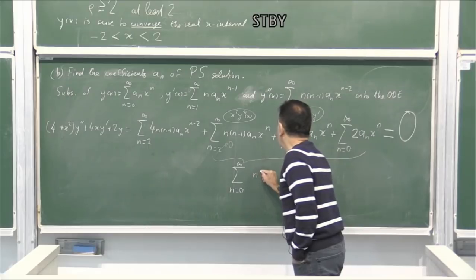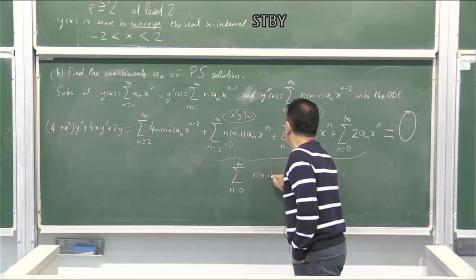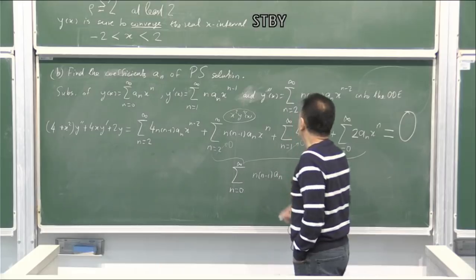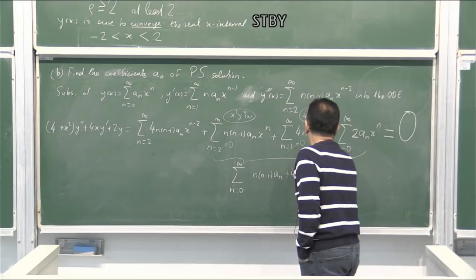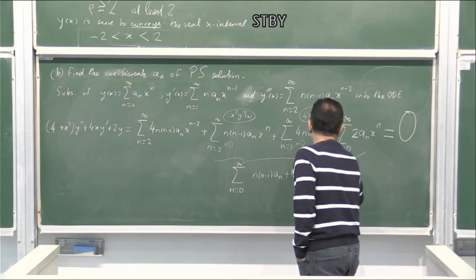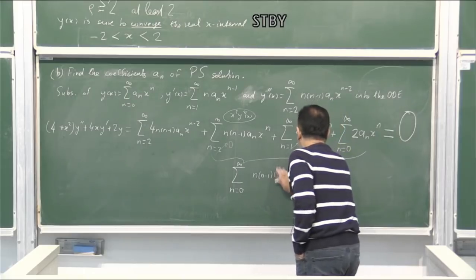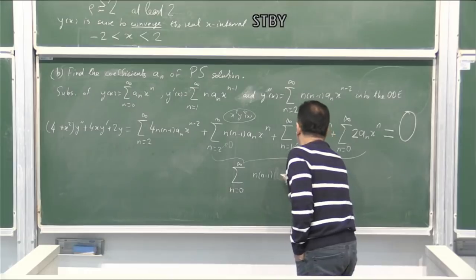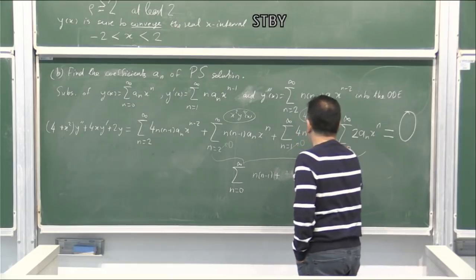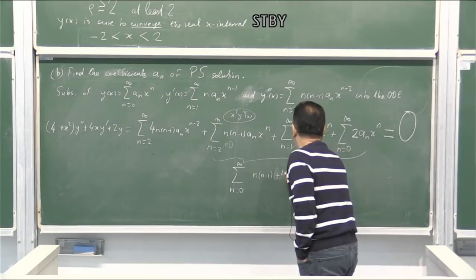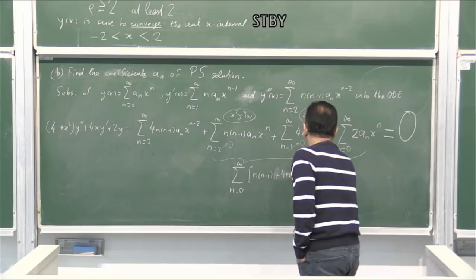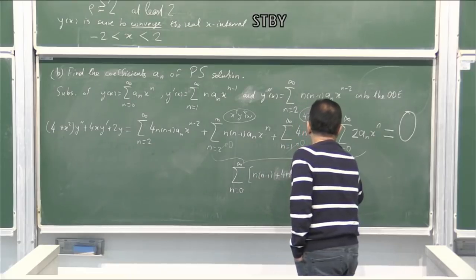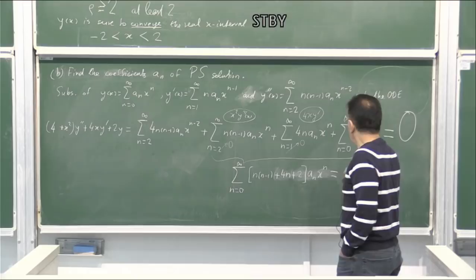So n minus 1 a n, plus 4n a n, plus 2 a n, or even a n is a common factor: n minus 1 plus 4n plus 2, a n x to power n. Okay?